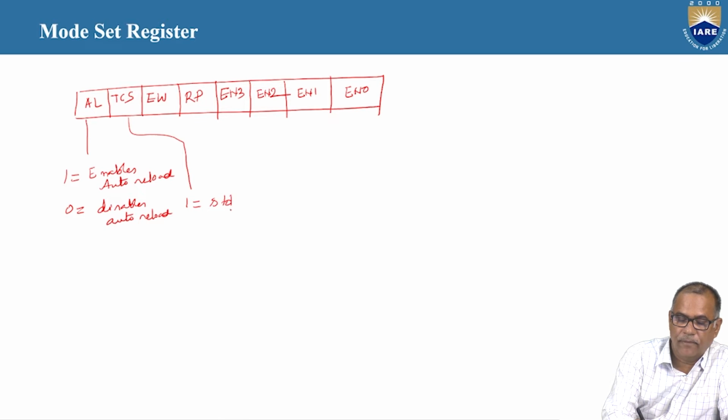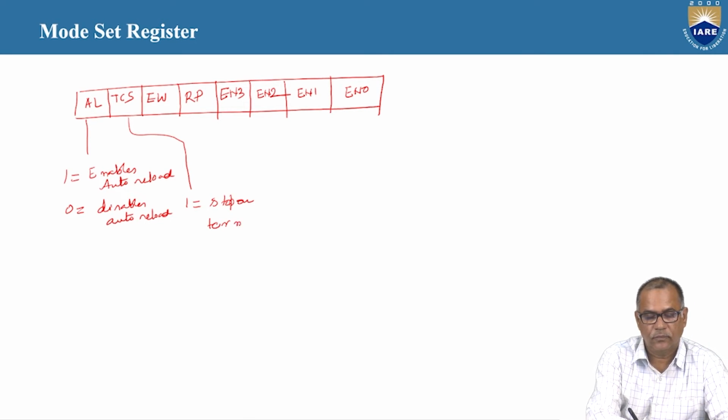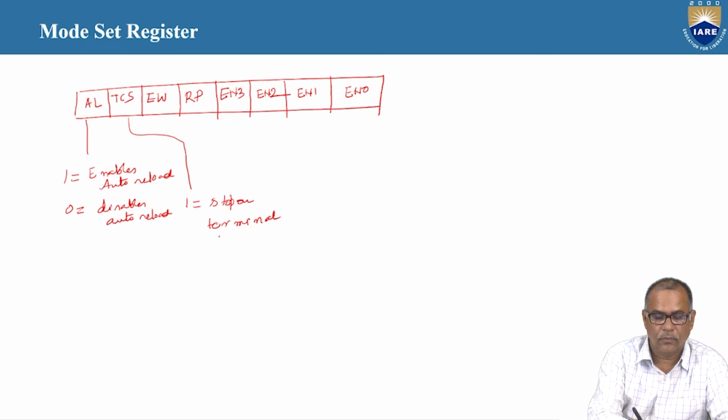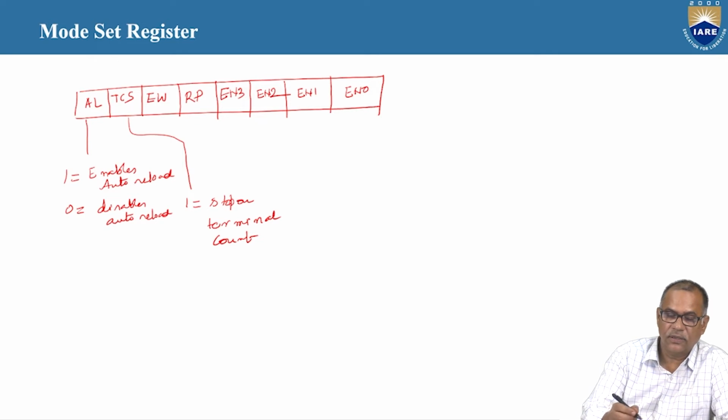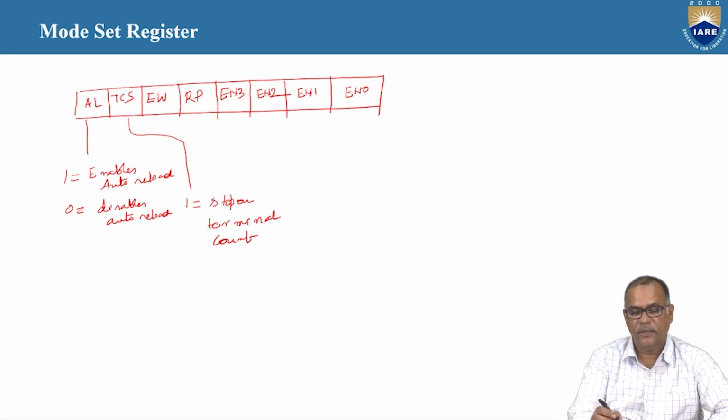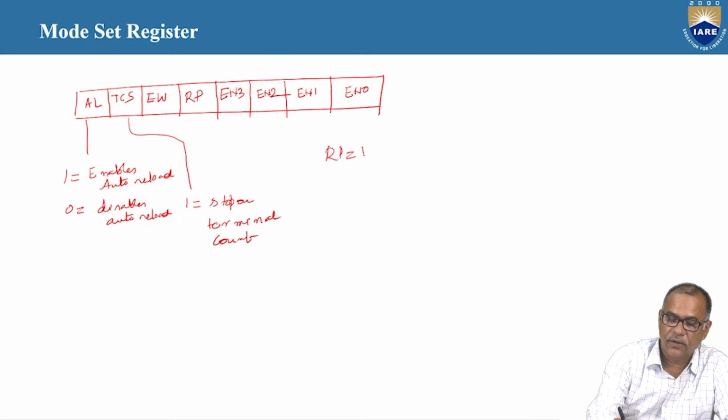So stop on terminal count. And RP is the rotating priority, which I have explained to you. If RP is equal to 1, then it is rotating priority. If it is equal to 0, then it is fixed priority.